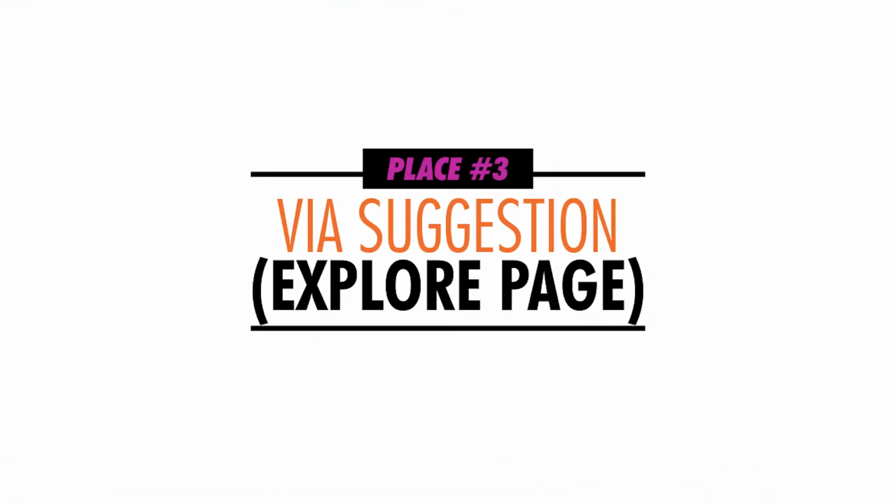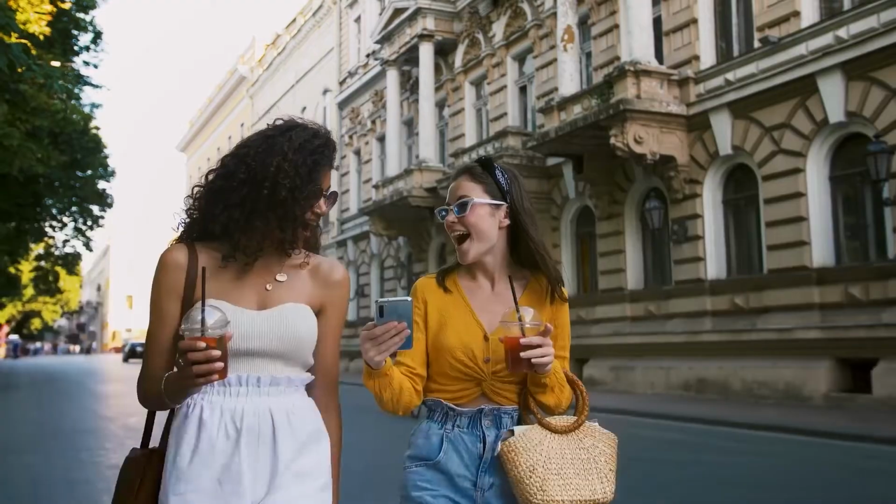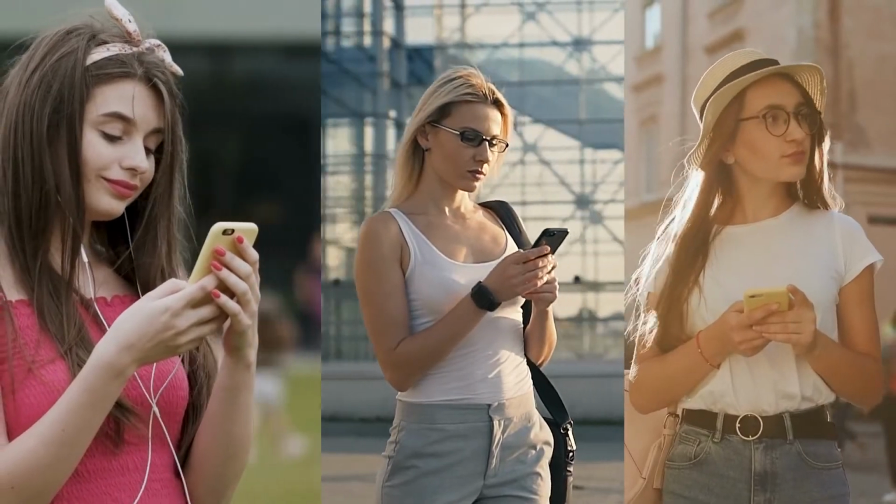But we're not done. Instagram Reels get views from place number 3, via suggestions and the Explore page. Take everything I just said about Instagram Reels optimization, such as hashtags, keywords, all of that, and realize that it actually does double duty, meaning you're not just indexing a single piece of content properly for search, but you're also providing the Instagram algorithms with data points to use to determine how to suggest your content to users who haven't specifically searched for the keywords or hashtags you've used on it.